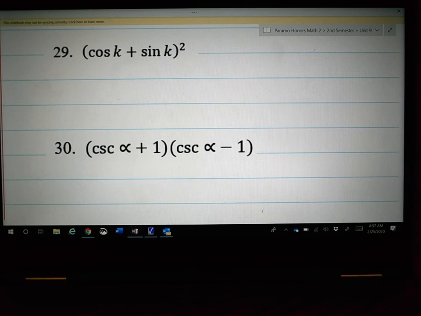I think that's an uppercase alpha. Not a great one, kind of like a fish. Usually ours are a little more pointy on the left-hand side.